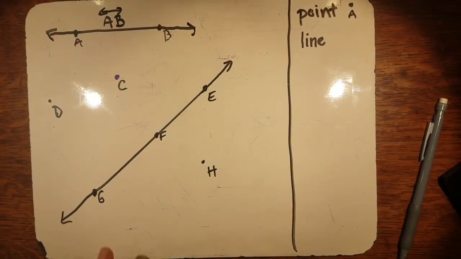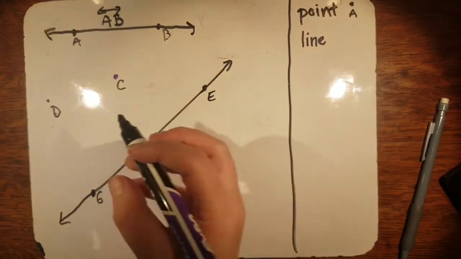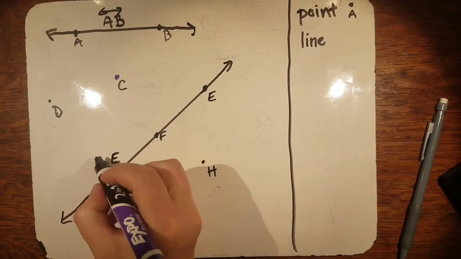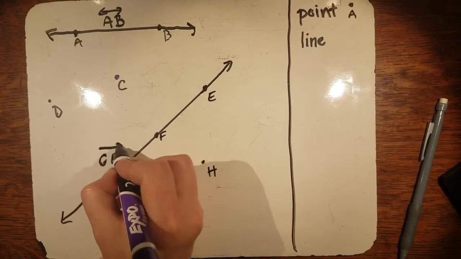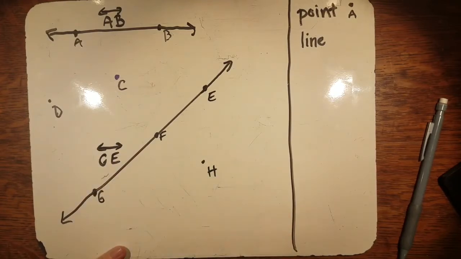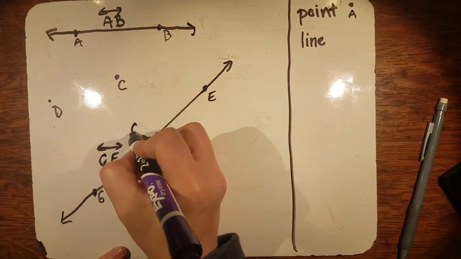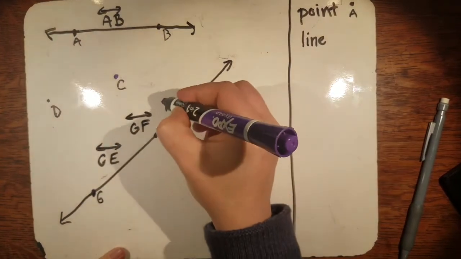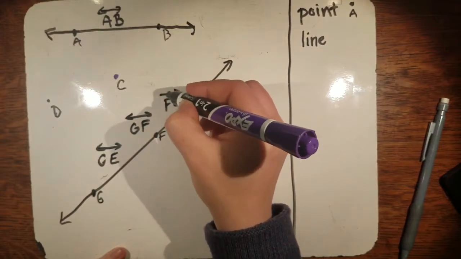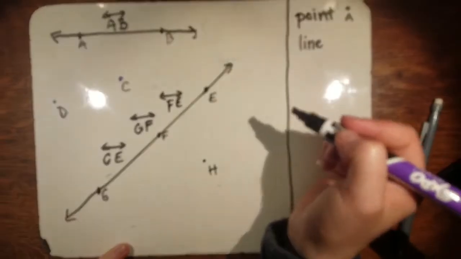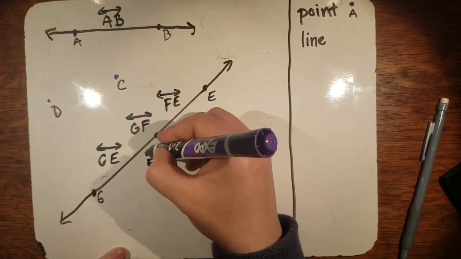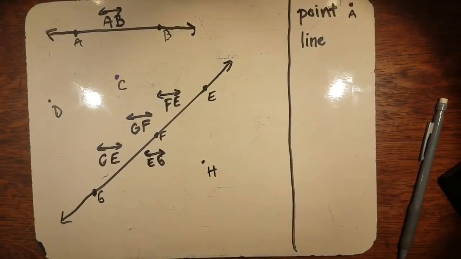to show that it goes forever and ever. For this line, we could do GE, oops, that looks like a 6, GE with 2 arrows. We could do GF with 2 arrows, FE with 2 arrows. We could even do EG, going in 2 different directions here with arrows.